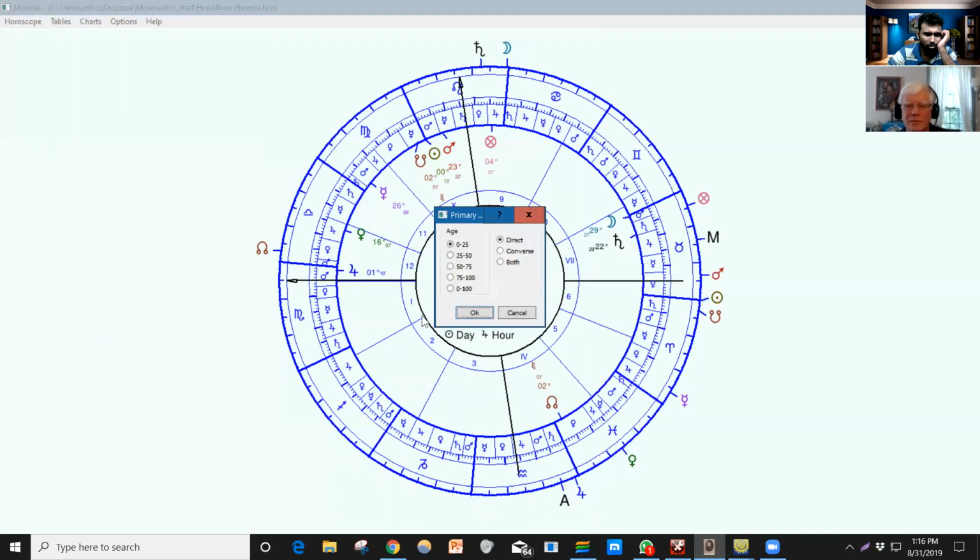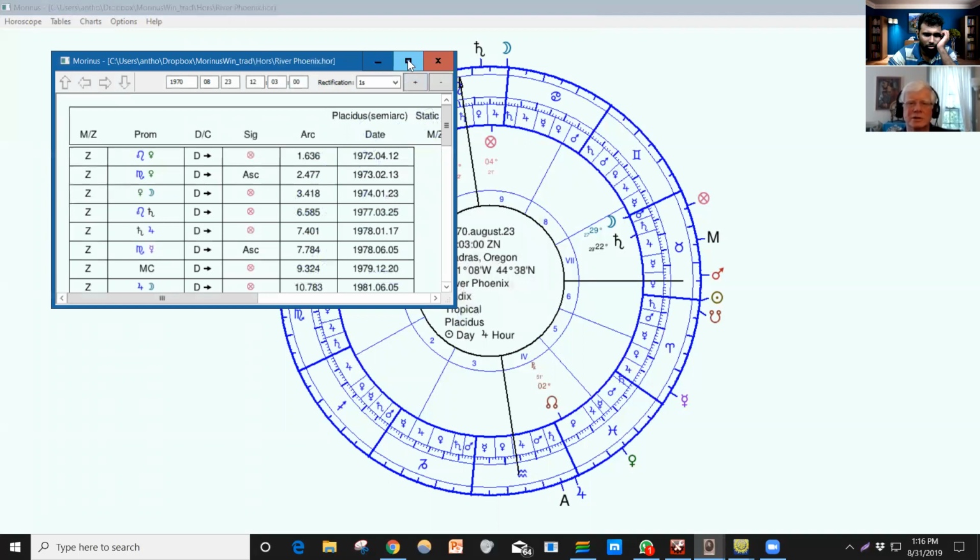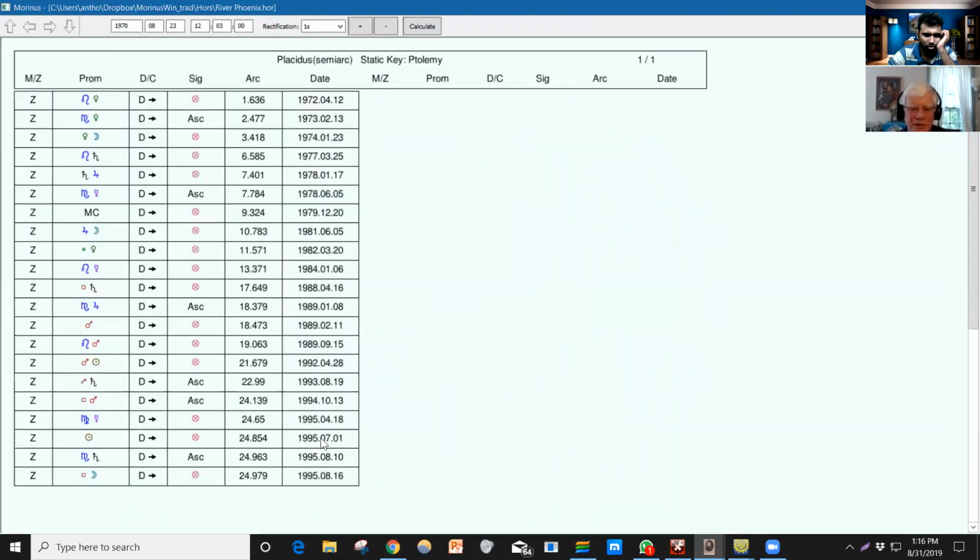I'm curious. So 93. Wait, well, here's a midpoint. I don't see any other midpoint. Oh, here's a Mars Sun. That's in 92. No. Yeah, that's almost a year later.